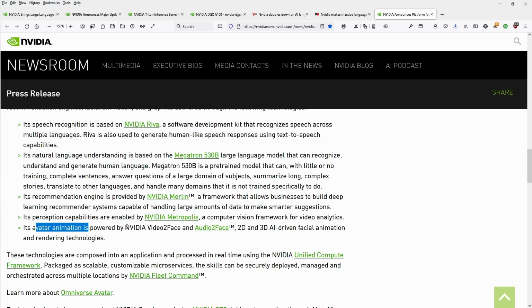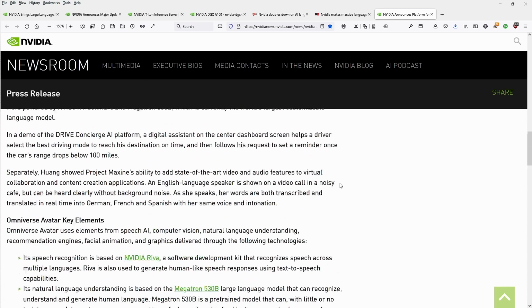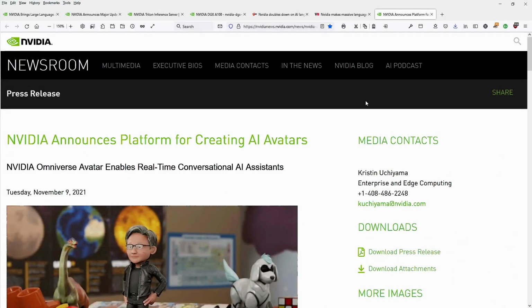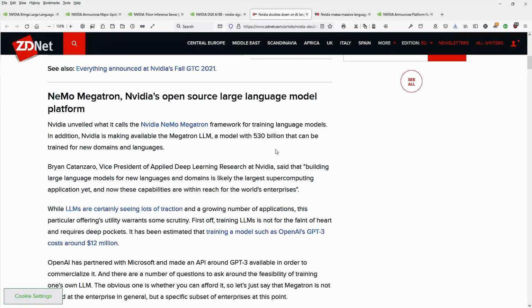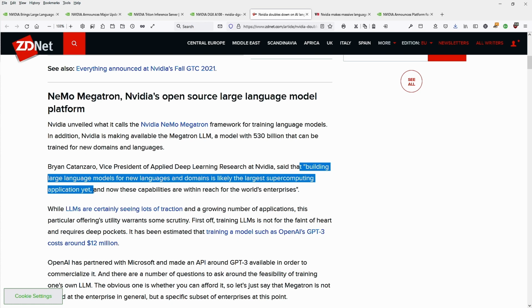But, let's make it clear, currently we're in the domain of supercomputers to be able to have a real communication. And just to show you this, I would like to leave you with a statement from the Vice President of Deep Learning Research at NVIDIA, saying that building LLM models for new languages and domains is likely the largest supercomputer application yet.